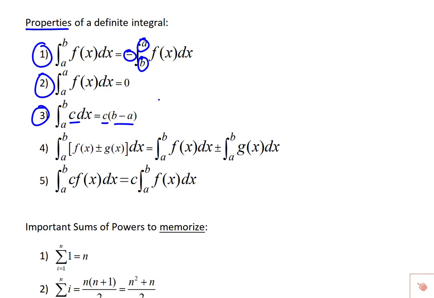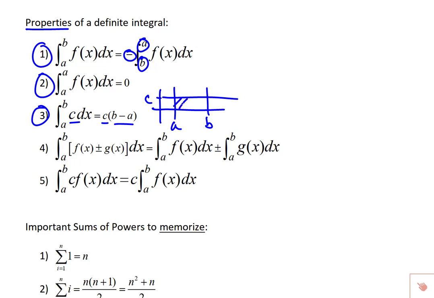Now, visually speaking, there's a nice way to grasp this. If we take a coordinate plane, and let's say the value c is some y value here, the function y equals c, or f of x equals c, would be just a constant function, a horizontal line. If you're integrating that from a to b, and you throw a and b down on a coordinate plane, then remember, we said that if your function is positive, which we're presuming c is in this little illustration, then the integral would be like the area under the curve.